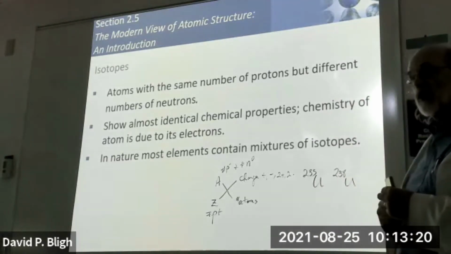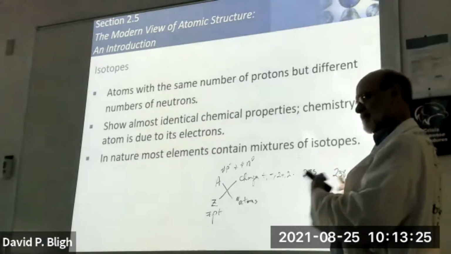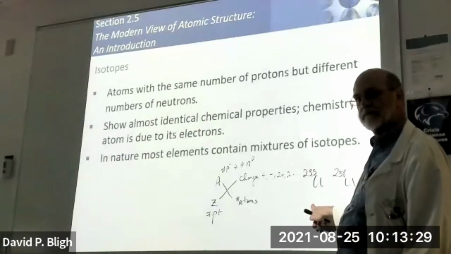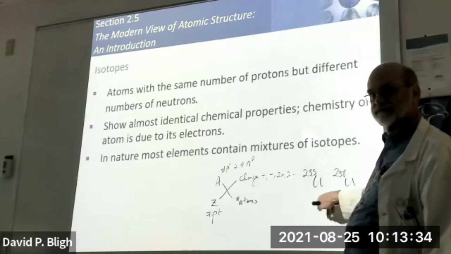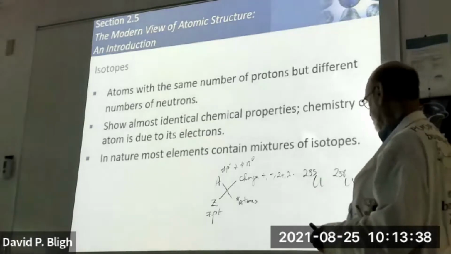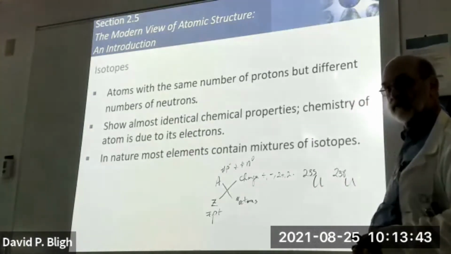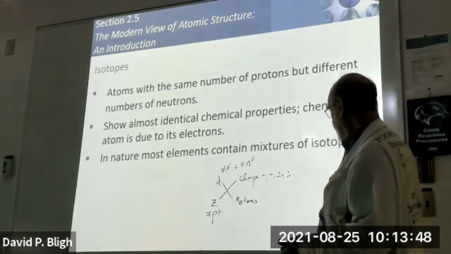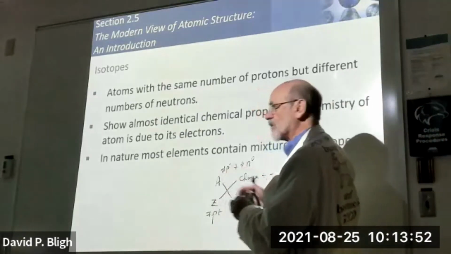So if you're going to make nuclear power for peaceful purposes, you need to enrich the uranium up to maybe 5%, which is common. If you want to make a bomb, you've got to go to 95% or greater. So that's what Iran is doing with their gas centrifuges. They're trying to purify uranium to a point where they can make a bomb, put it on a missile, and threaten the world. But those two numbers are the total of protons and neutrons.